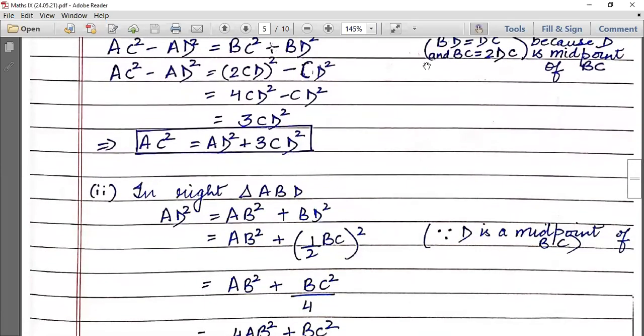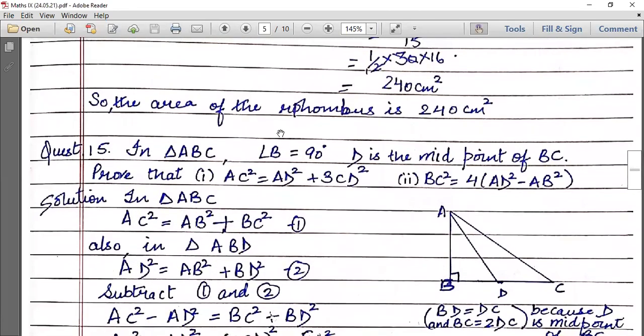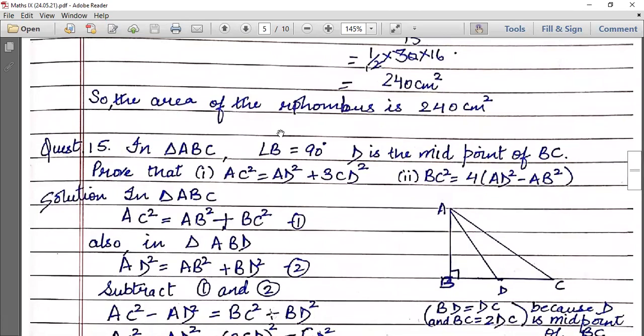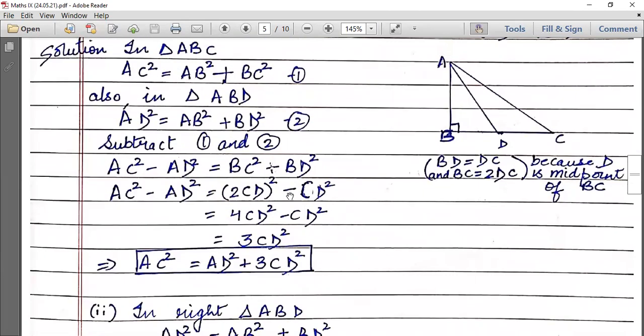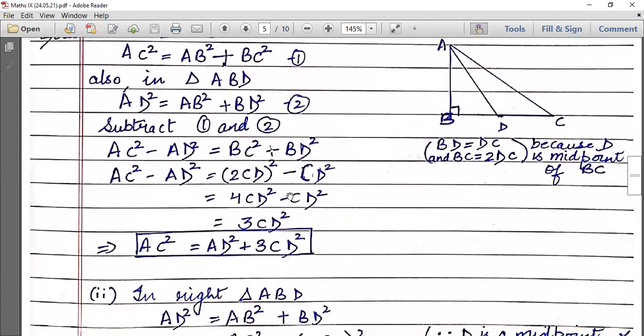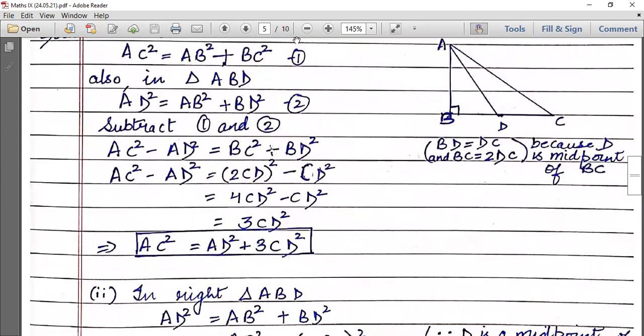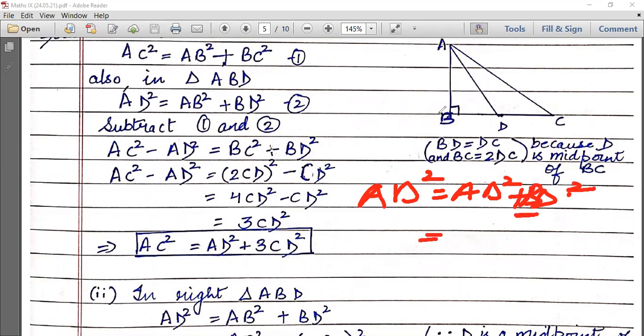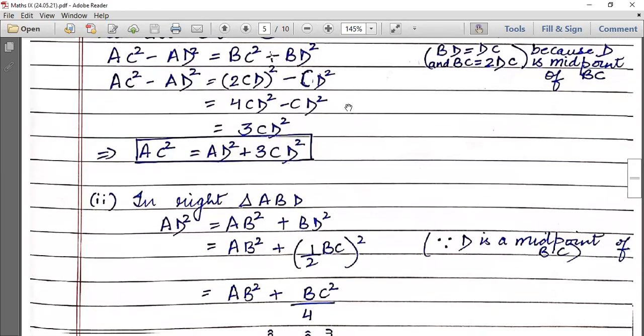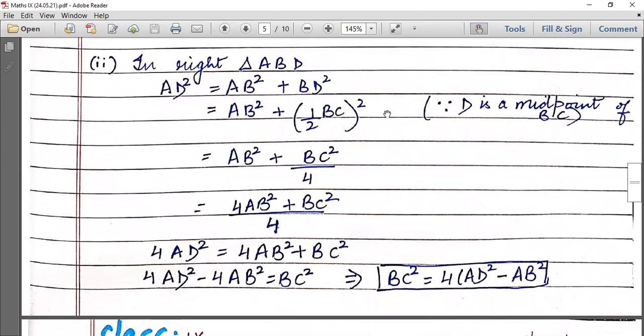Now children, you have to prove the second one. In the second one, you have to prove that BC square is equal to 4 times AD square minus AB square. In triangle ABD, you know that AD square is equal to AB square plus BD square. Here you know that BD is half of BC. So instead of BD, you can write half of BC whole square.